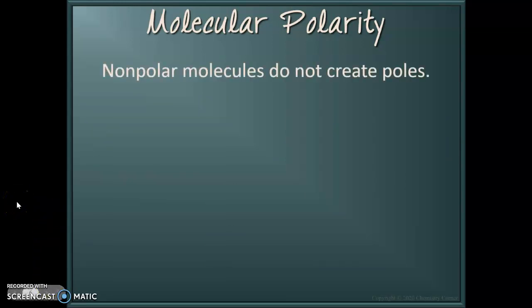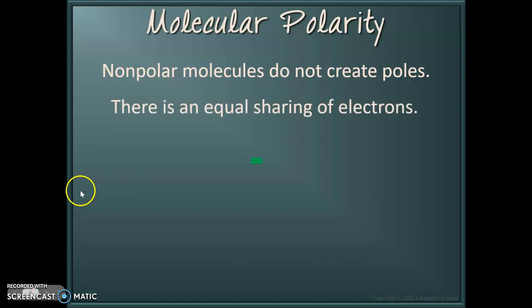Okay, so that is for polar molecules. In nonpolar molecules, there are no poles created, and there's an equal sharing of electrons. So in this particular example, we've got chlorine gas here, which is 2 atoms of chlorine. And because chlorine is the same atom, the same element bonded together, there's no difference in the electronegativity.